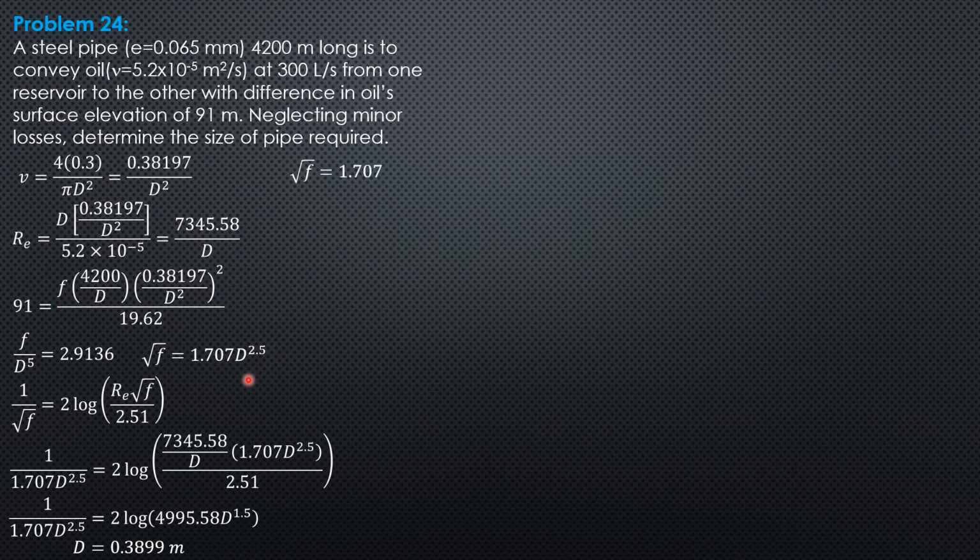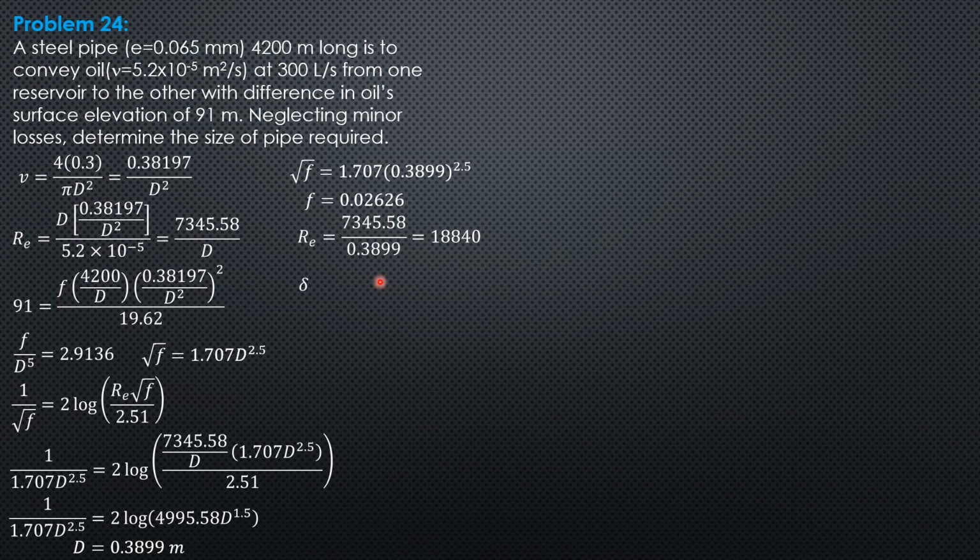From here, we can solve for f. Square root of f is 1.707 times 0.3899 to the 2.5, squared. So f is 0.02626. Then the Reynolds number is 7345.58 over 0.3899, so 18,840.